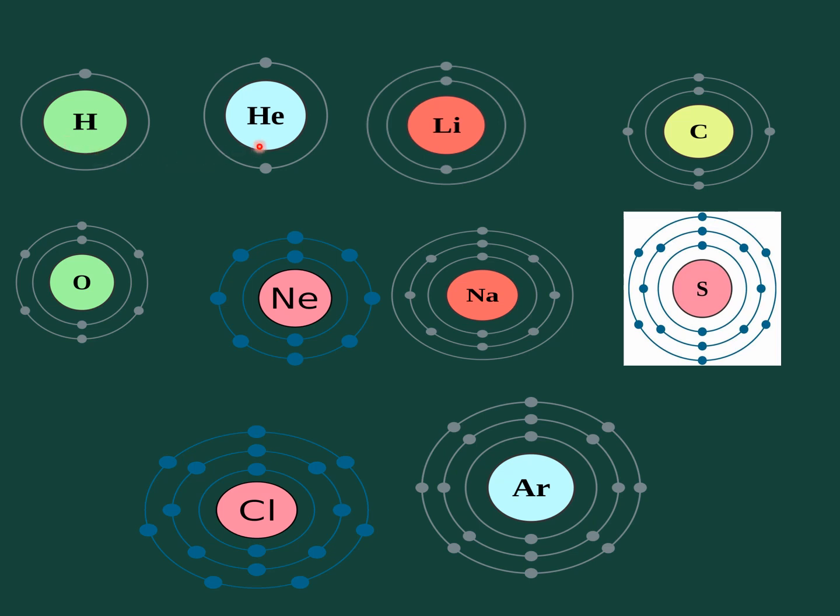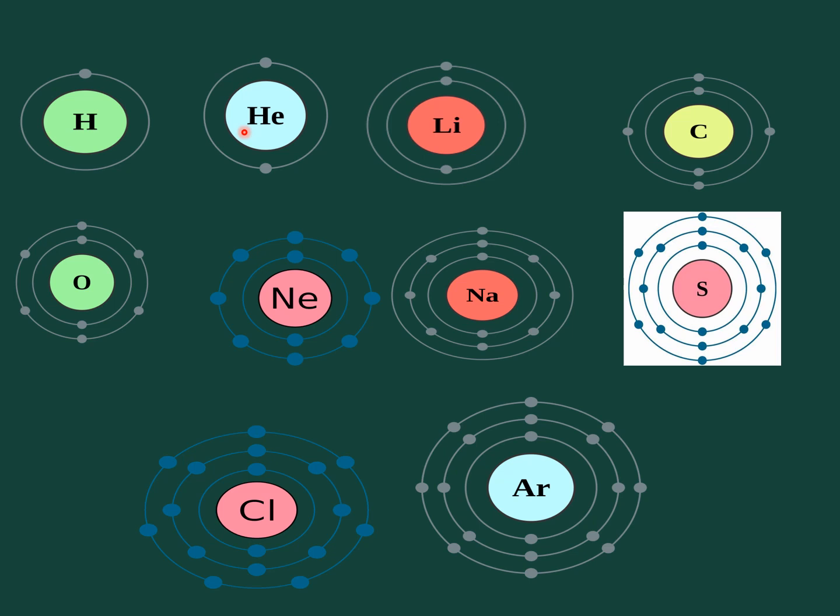Helium is the second element in the periodic table, having 2 electrons, and 2 electrons are present in the first orbit. Here you have to note that in the first orbit, a maximum of 2 electrons can be present. So in an atom, if 2 electrons are present in the first orbit, that atom is electronically stable. So helium is electronically stable.